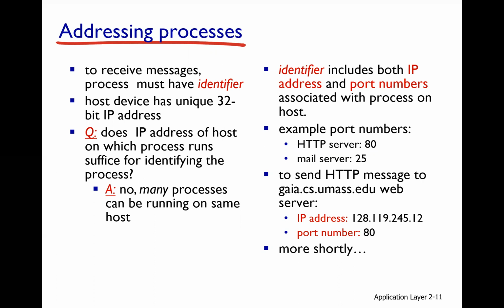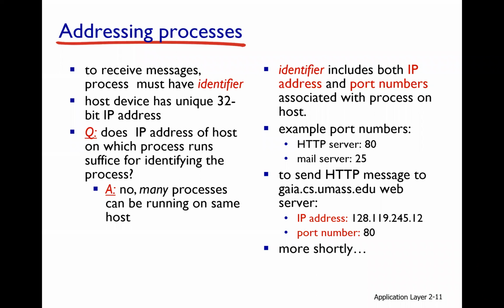But that is not enough. With an IP address, we can only identify hosts. For the specific application, in this case the one process for that application, it needs to be identified by a so-called port number. Port numbers are 16 bits.